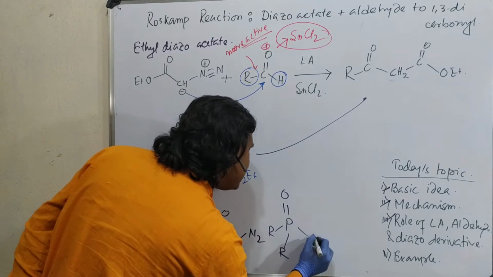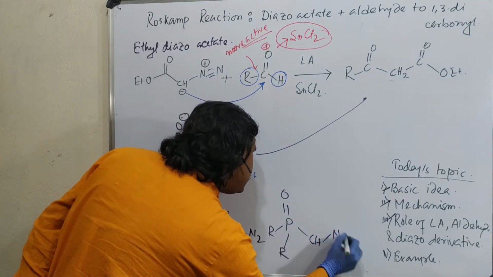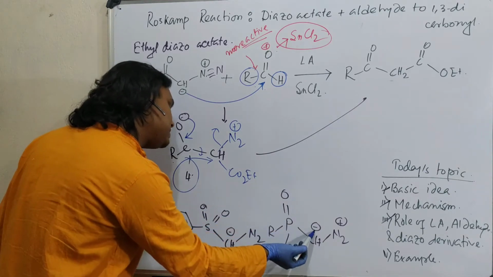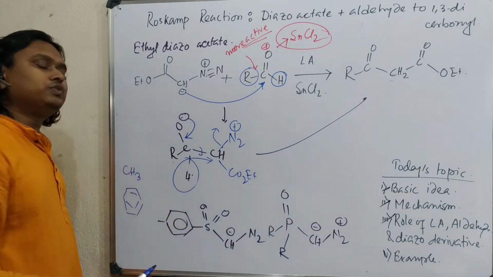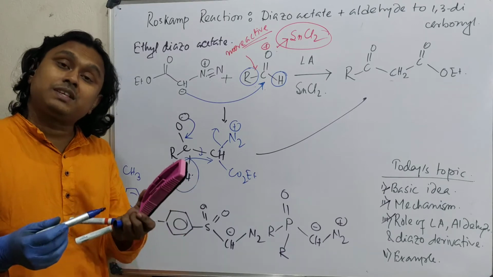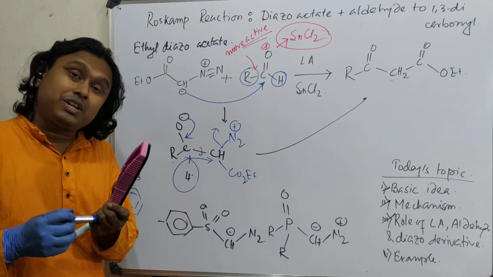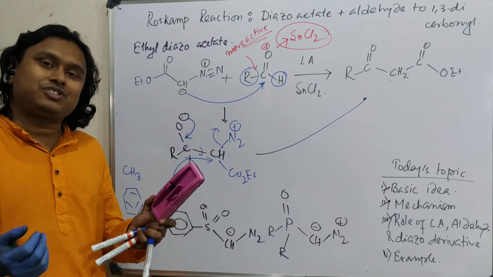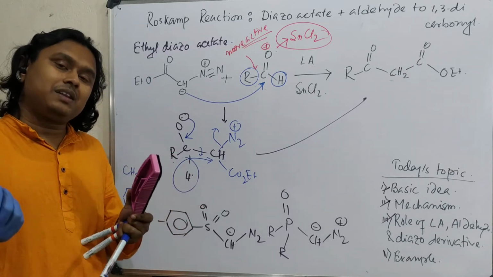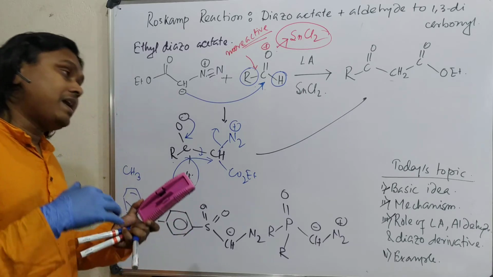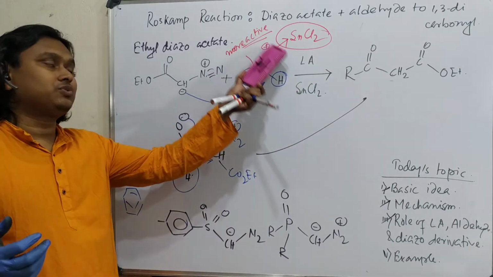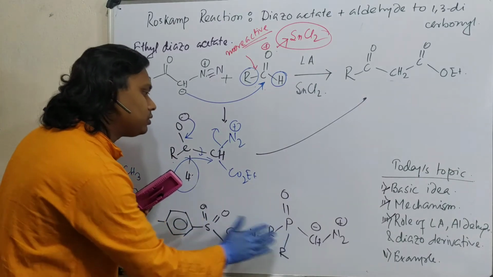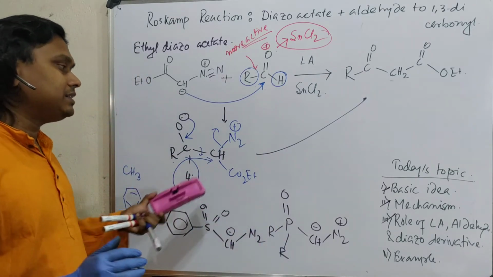In both cases, one thing is common: the negative charge on this carbon is adjacent to an electron withdrawing group, and this stabilizes the diazoalkane. Sometimes it is liquid or even solid, easy to handle and less explosive. But if it is less explosive, it means less reactive, and it can be activated based on this strategy, Lewis acid and aldehyde. So these also react in this reaction.